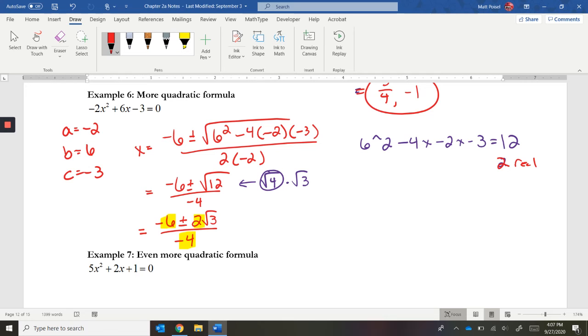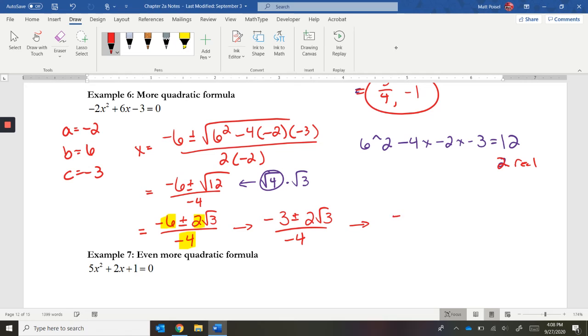Now, I also see that I've got this negative 4. So what's going to happen there? If I reduce everything by negative 2, I'm going to get this. And then actually what happens with that negative, we can write it a couple different ways.